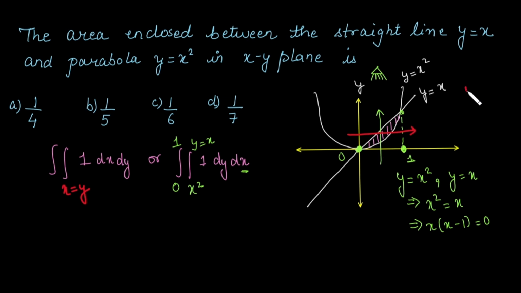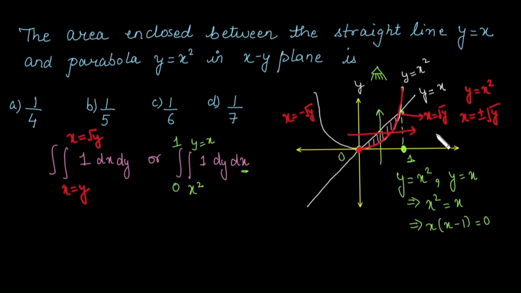On this parabola, what is the value of x? x is equal to plus minus under root y. On the right side, how is this curve? Positive, because as soon as you go from the origin to the right side this curve is positive; towards its left side it is negative. So this is x is equal to minus root y, and this curve is x is equal to positive root y. So the exit curve is the parabola where x is equal to positive root y.